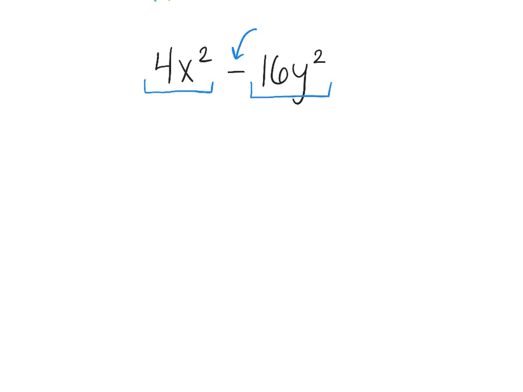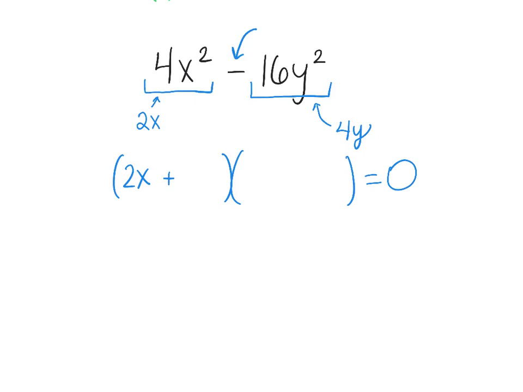So when I think about taking the square root of 4x squared, I know the square root of 4 is 2, the square root of x squared is x. Here, I know that the square root of 16 is 4, and the square root of y squared is y. So if I want to rewrite this in factored form, with my parentheses, we will have 2x plus 4y and 2x minus 4y. So both ways.